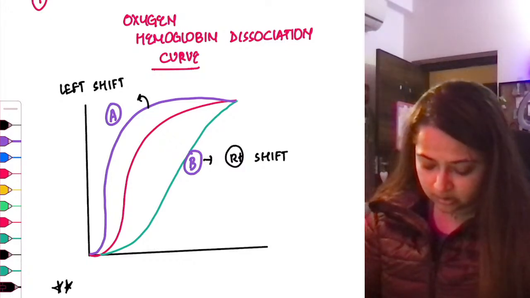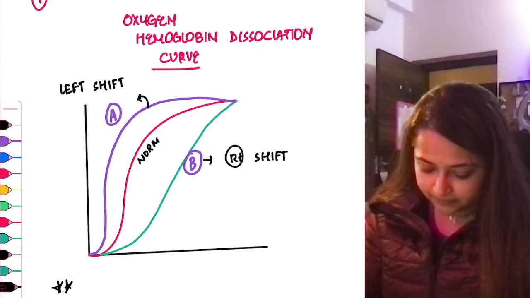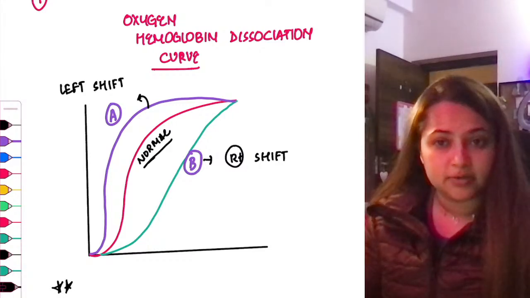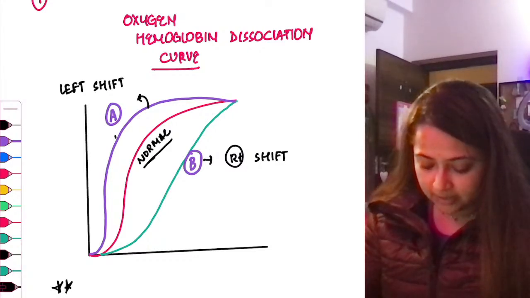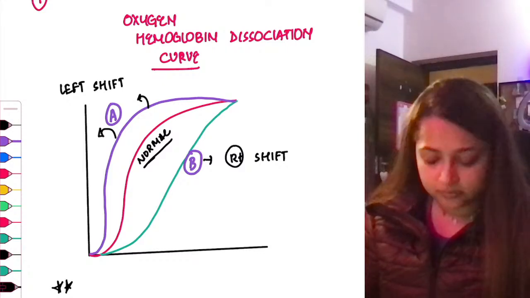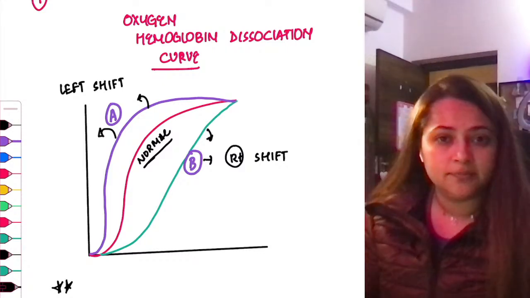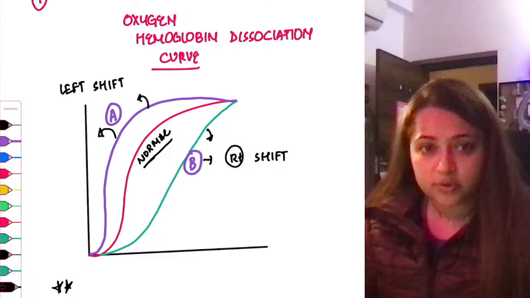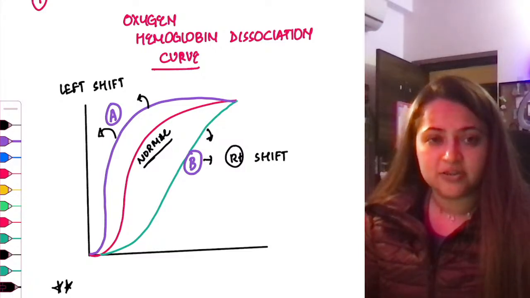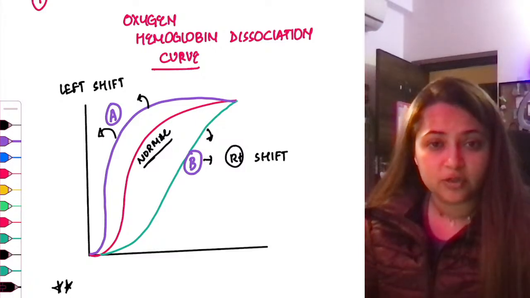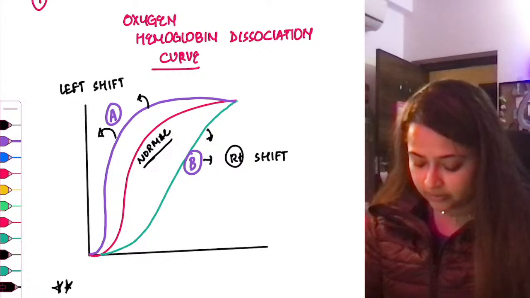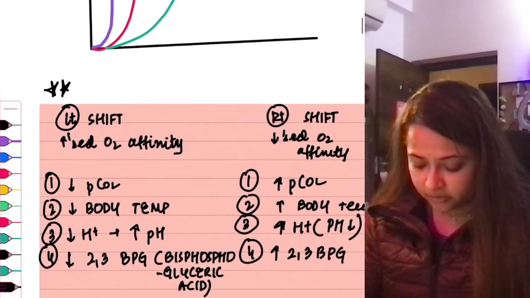So this in red is the normal curve that you get. But if there is a shift to the left or a shift to the right, what are those situations in which there is a left shift and a right shift? This is very, very high yield, so you can make a flashcard for this.